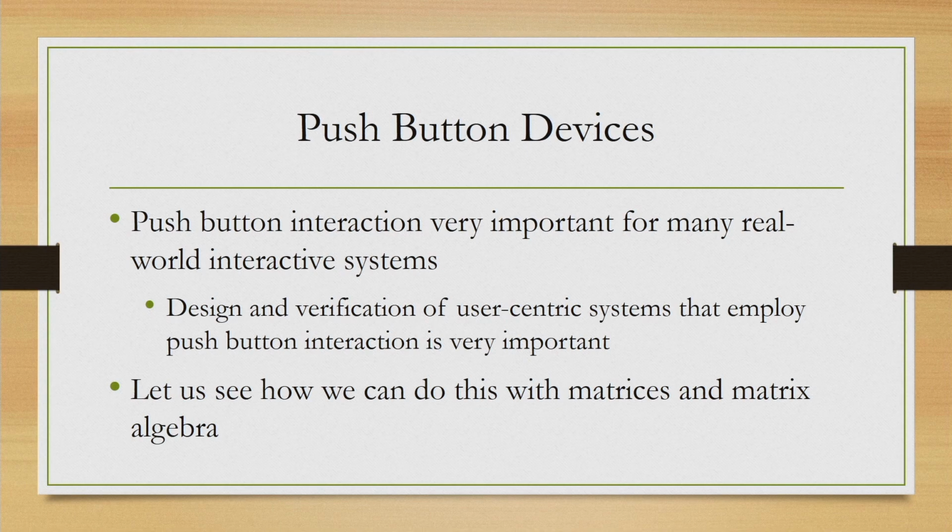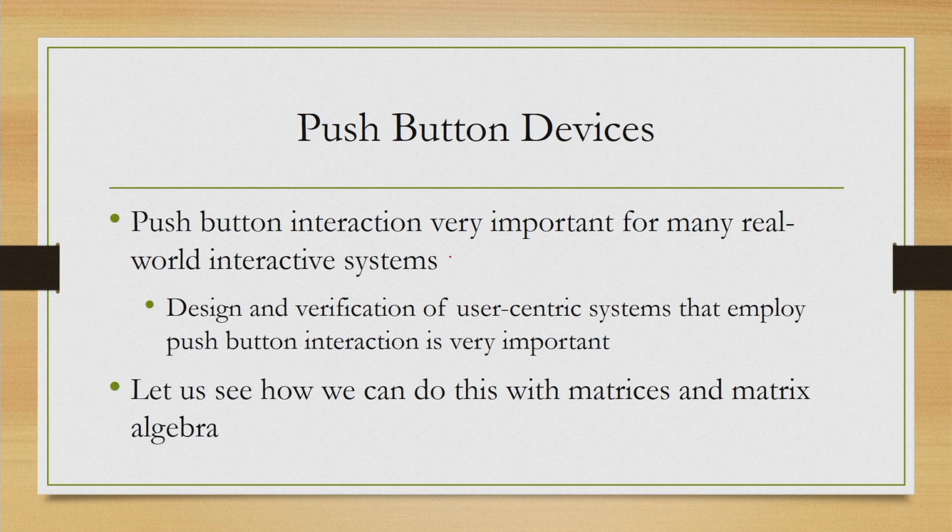So, it is very important to be able to model such interactions, so that we can build better push button interfaces or interactions for our purpose. As I said, push button interactions are very important for many real world interactive systems, and design and verification of user centric systems that employ these push button interactions is therefore very important.